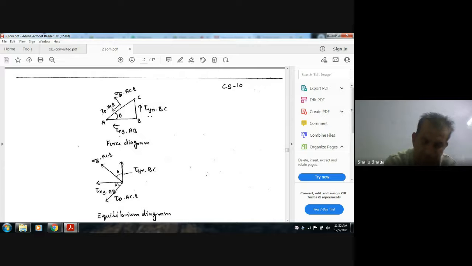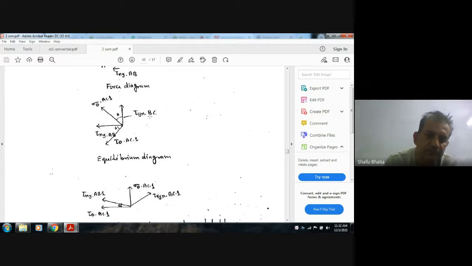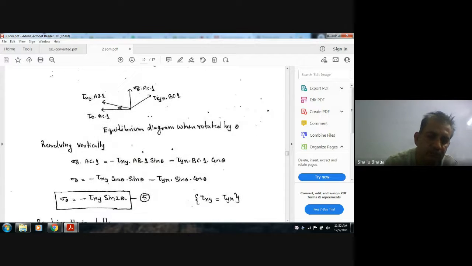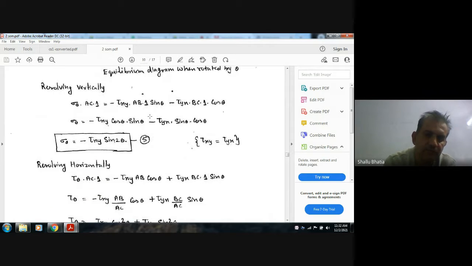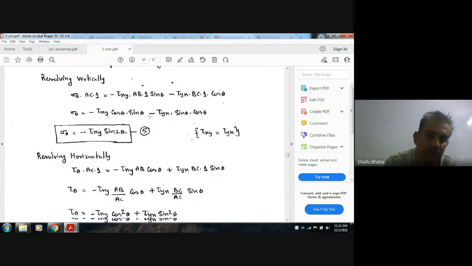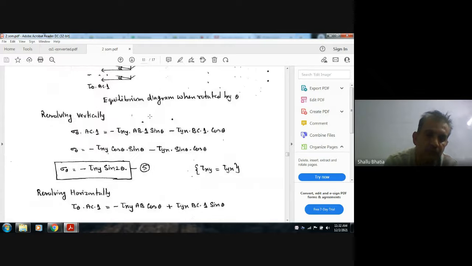If we put theta equal to 90, again sigma theta is 0, which means there is also no normal stress acting on plane BC.